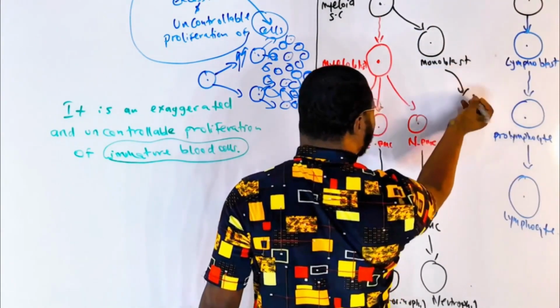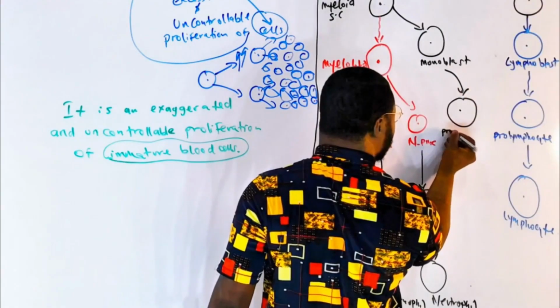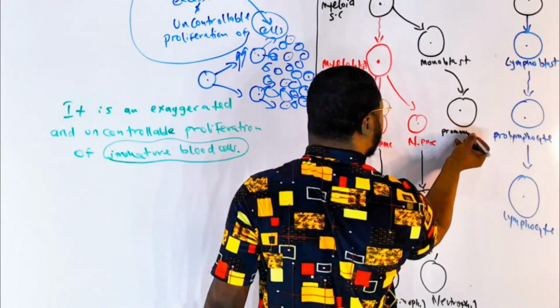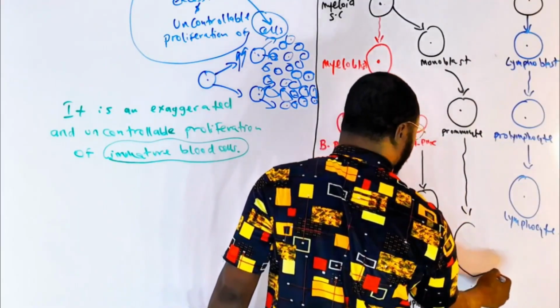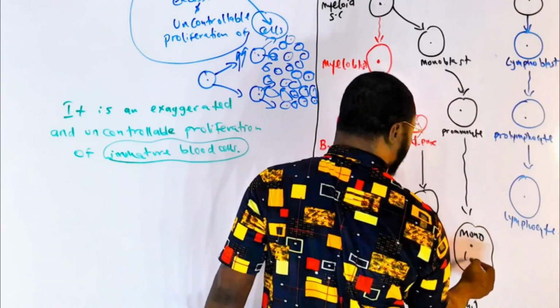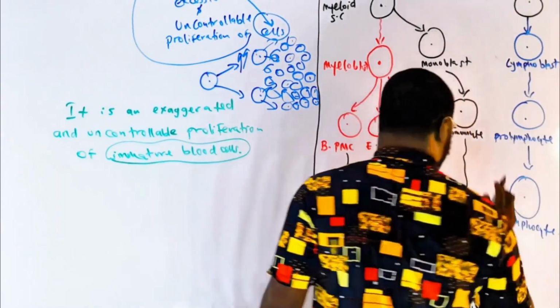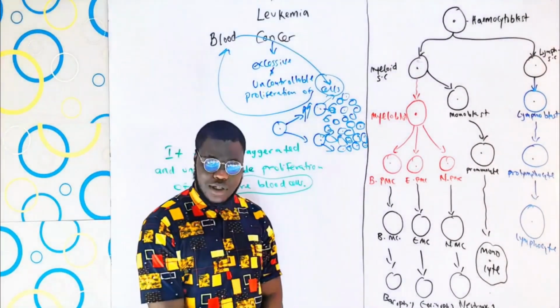On the monoblastic level, it becomes a pro-monocyte. And then it becomes the monocyte. So, this is just the development of the white blood cells generally.